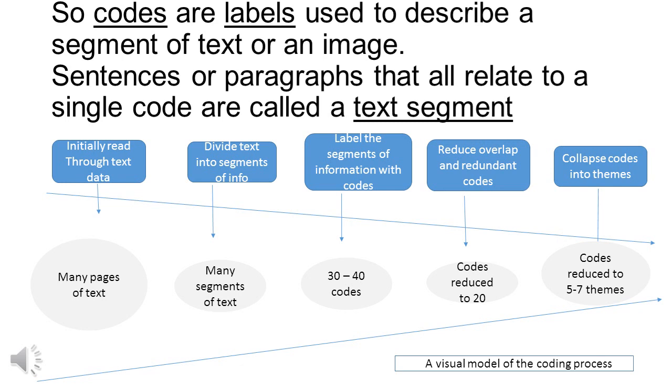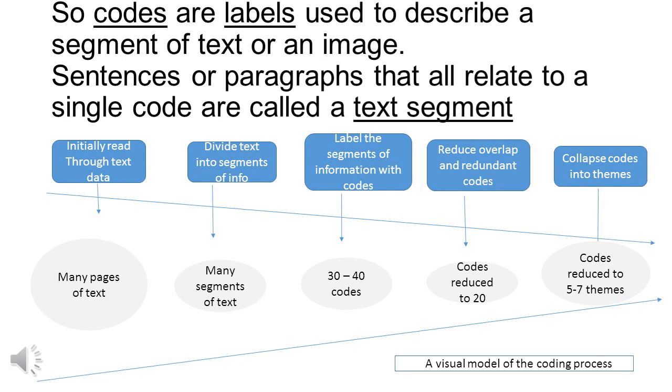So you can see this is a visual model of the coding process. So at the beginning you have many pages of text. So you initially read through text data, then you divide text into segments of information. So you can have many segments of text. Okay? Then you move to label the segments of information with codes. These segments, you group them, okay? So you can label them with codes, from 30, for example, to 40 codes.